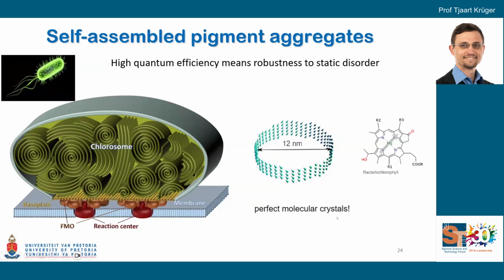So these molecules will be stacked face to face in a very specific way. So you have here very precise H aggregates and J aggregates. Basically, these systems are just exploiting the properties of J aggregates and H aggregates together in a fascinating way.